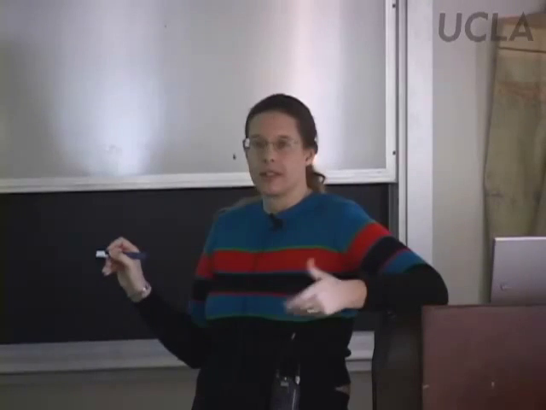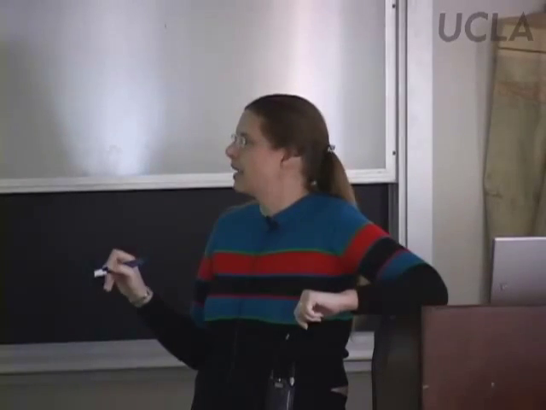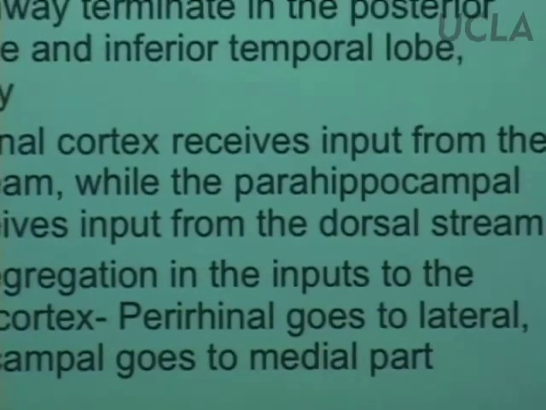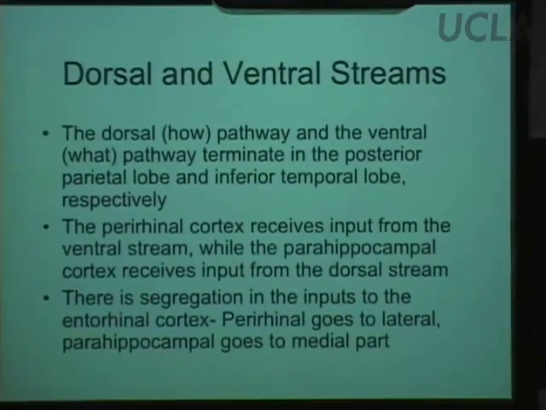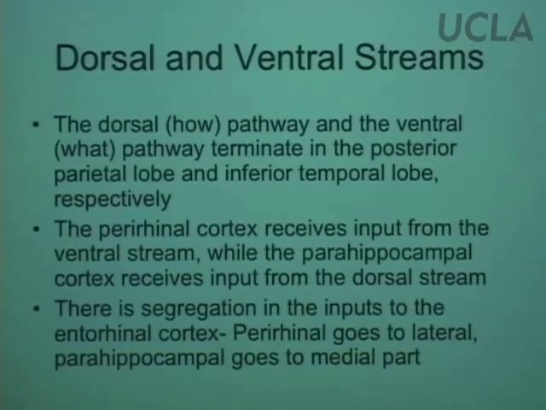And that's one of the points that Eichenbaum and Lipton make. There's segregation of the inputs into the entorhinal cortex. The parietal cortex will mostly go to the lateral entorhinal cortex, and the parahippocampal cortex mostly goes to the medial part. So even at the level of the entorhinal cortex, these things are segregated, and they really don't get integrated until the hippocampus. Okay.